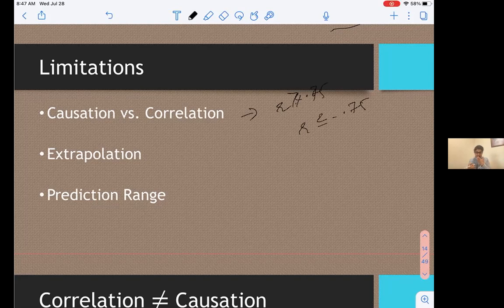So that is telling us that we can have a mathematical expression to represent that two variables are correlated to each other.